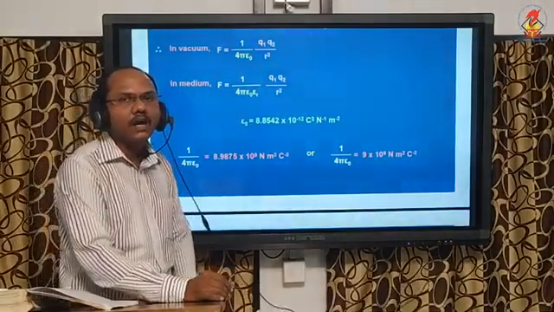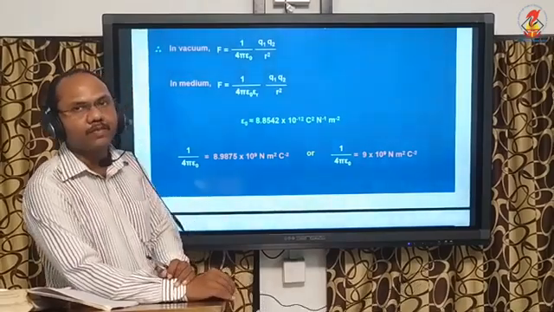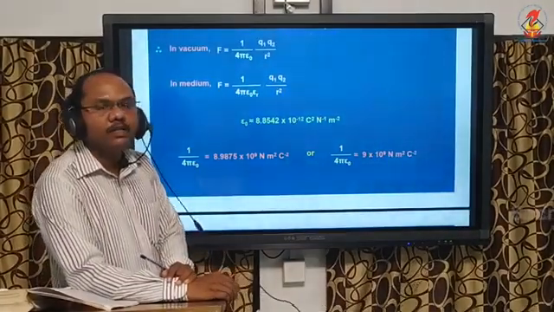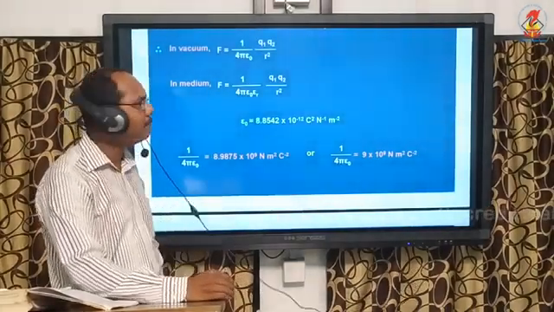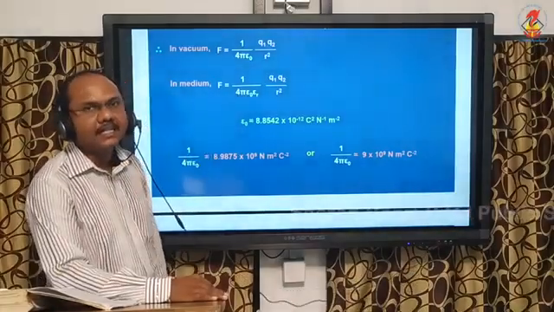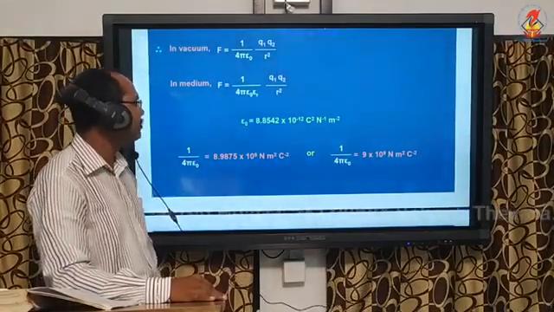That epsilon r is called the relative permittivity of the medium. So, when 2 charges are placed in a medium, the force between the charges gets reduced by epsilon r times.